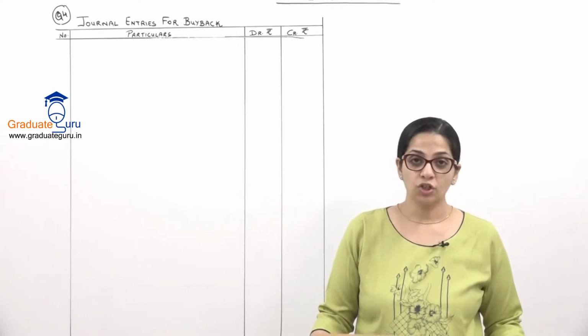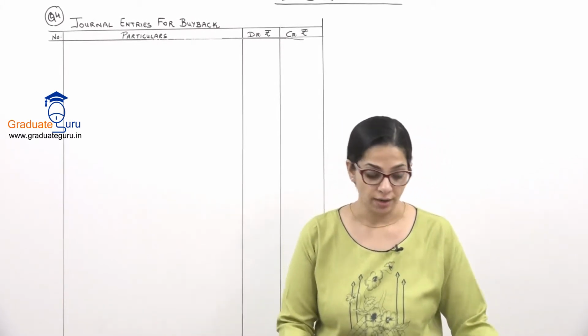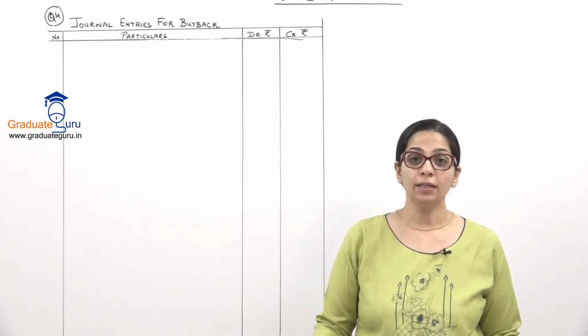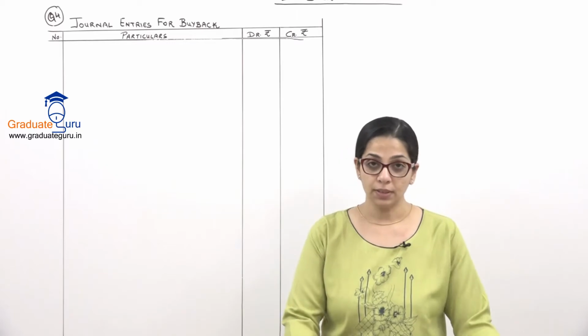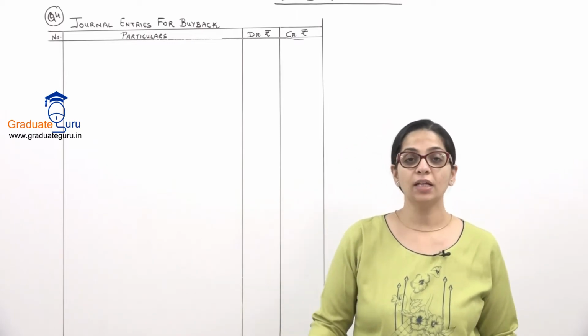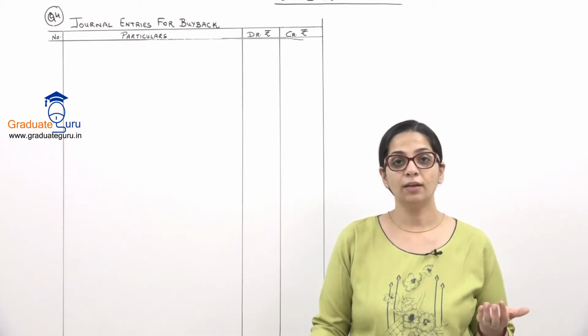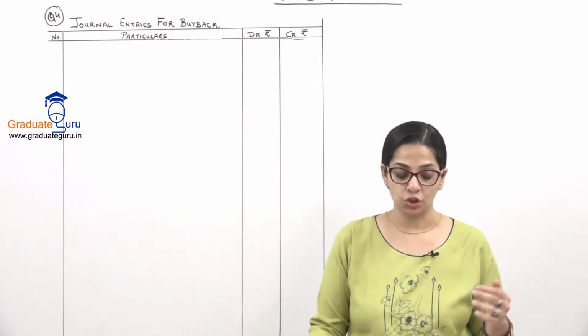A company wishes to buy back 20,000 equity shares of 100 each at 20% premium. However, for the purpose, its reserves are insufficient. They have fewer reserves, so obviously they will have to do the buyback by using a fresh issue.